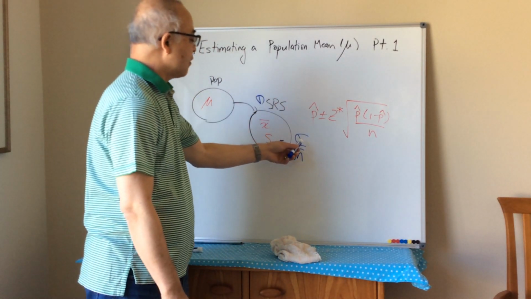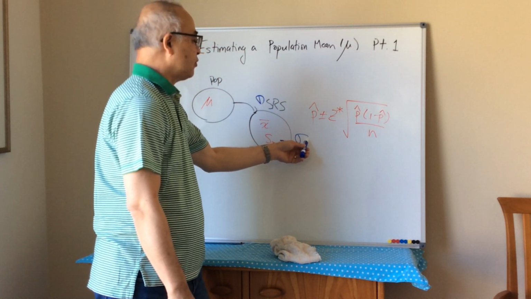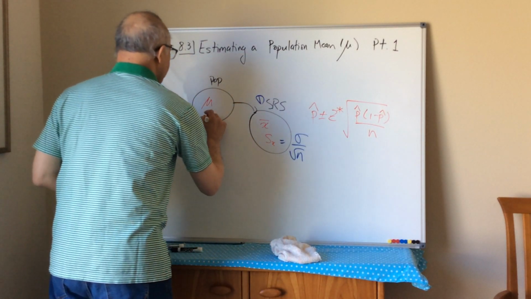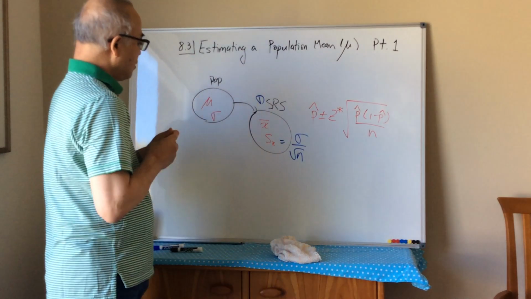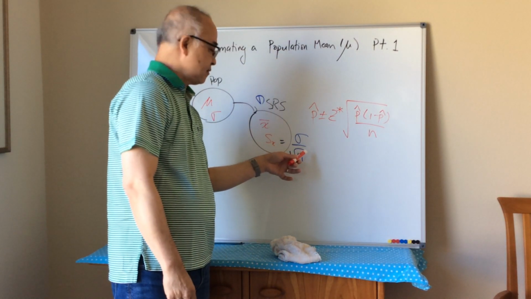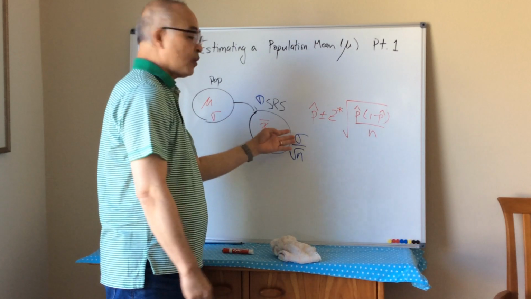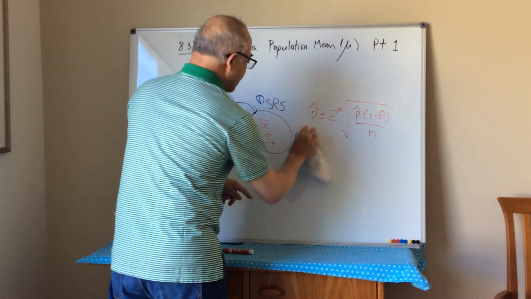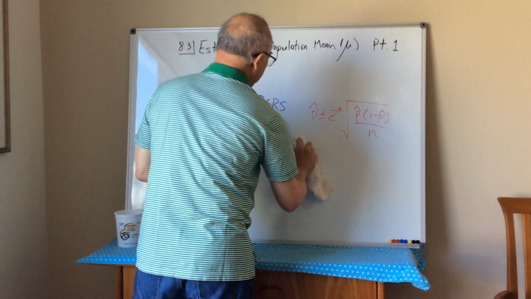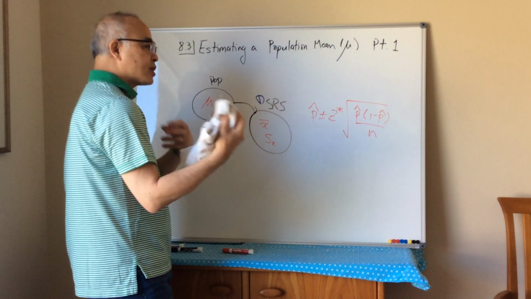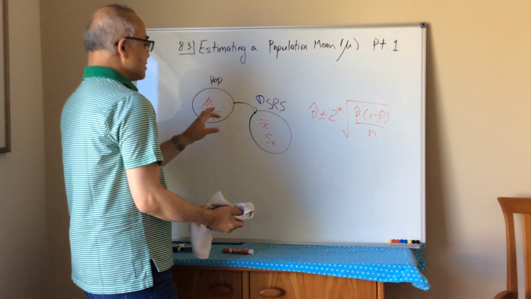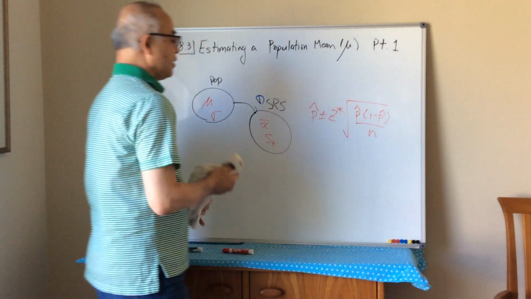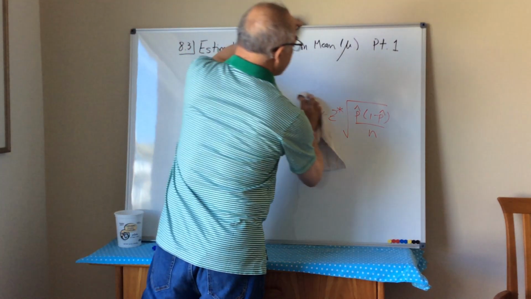The problem is that we are very seldom going to know what this is. If we don't know this, we can't use it. So we're still going to have to use the standard deviation somehow, but we're going to have a correction factor, and it is not going to be a z star, the critical value we had before.